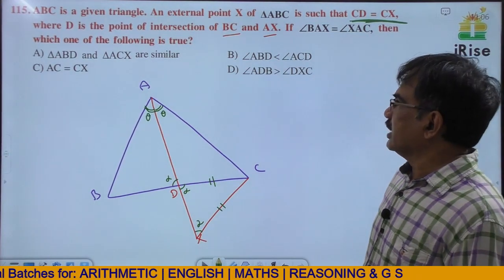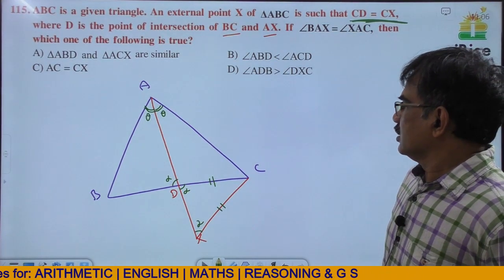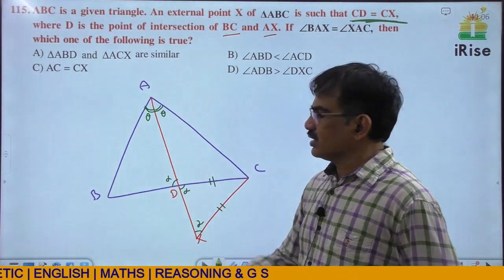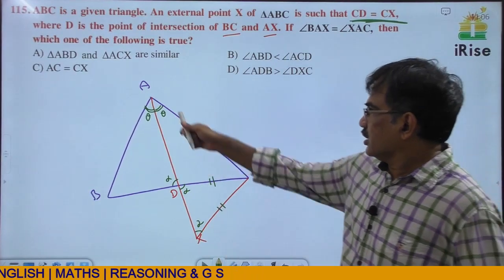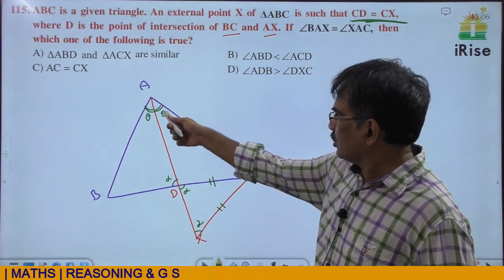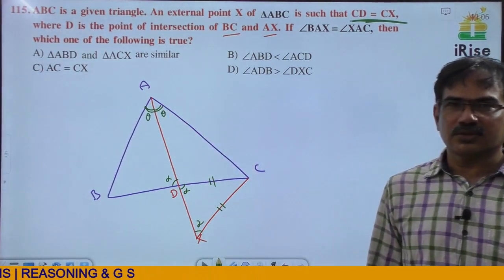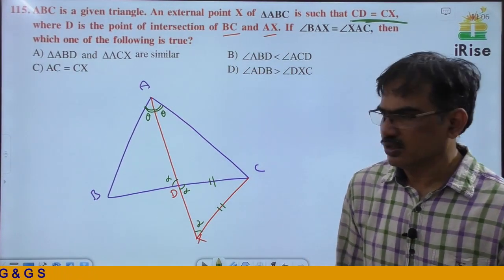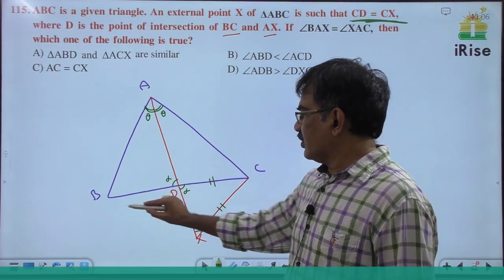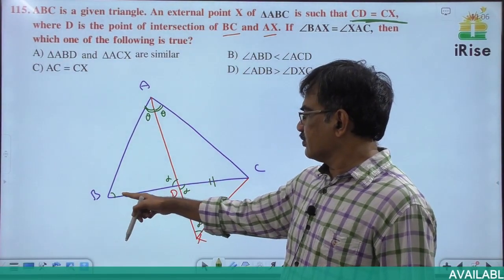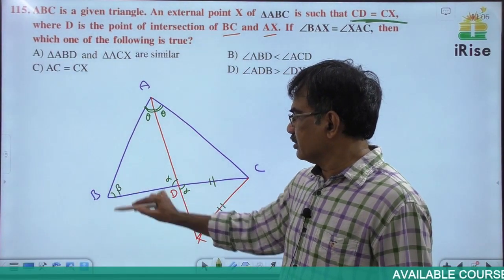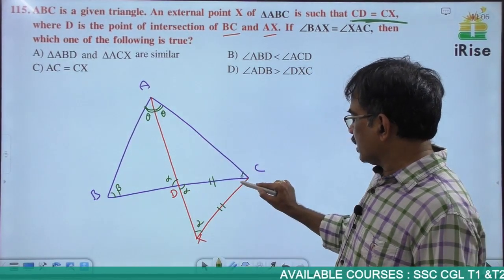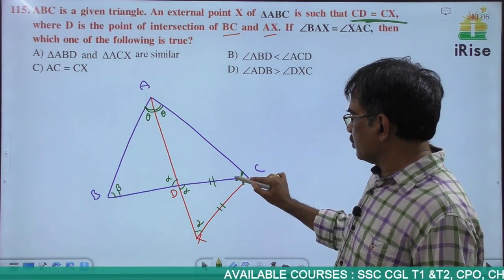Okay, then here triangle ABD, two angles are theta, alpha. AXC, two angles are theta, alpha. Automatically third angle equal according to AAA property. Okay, 180 minus of theta plus alpha, let it be beta. If this is theta, this is alpha, the total angle here is nothing but beta.